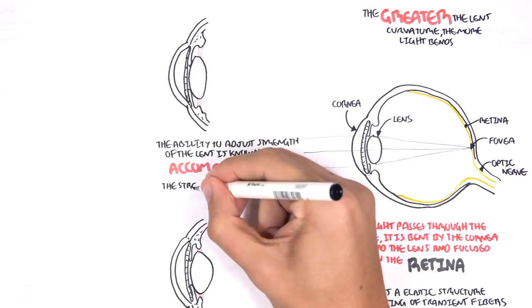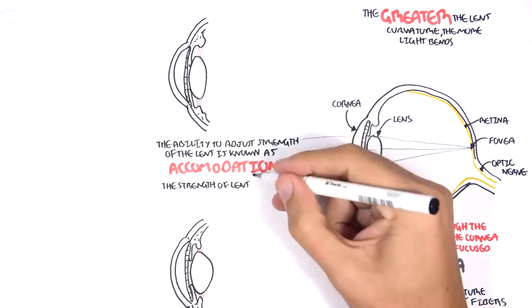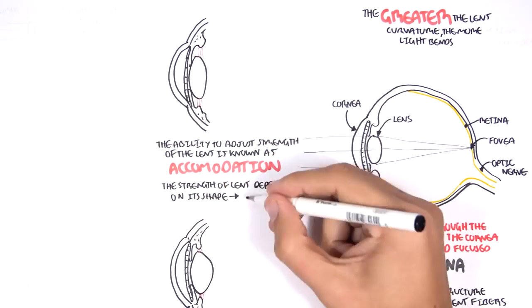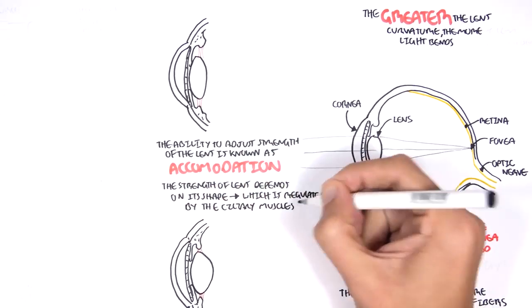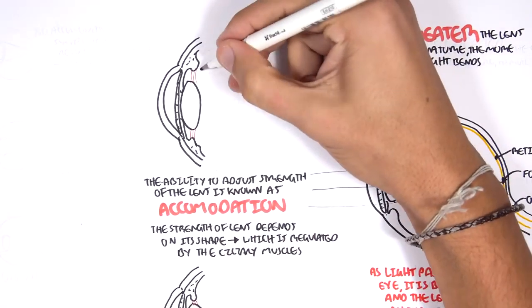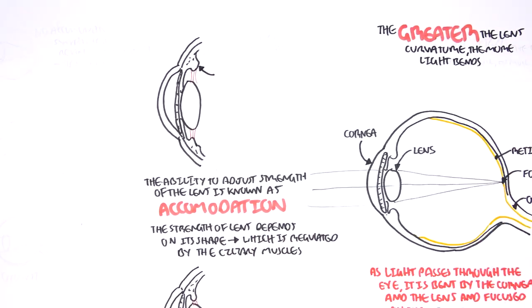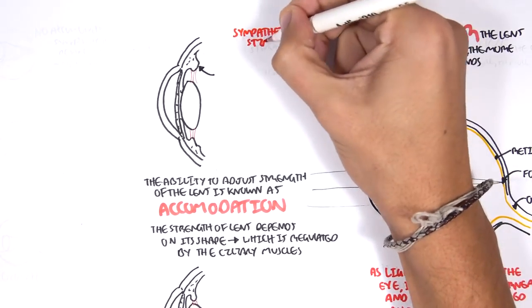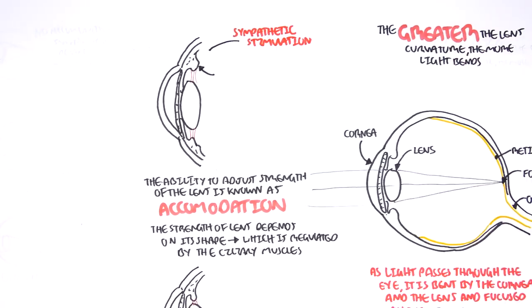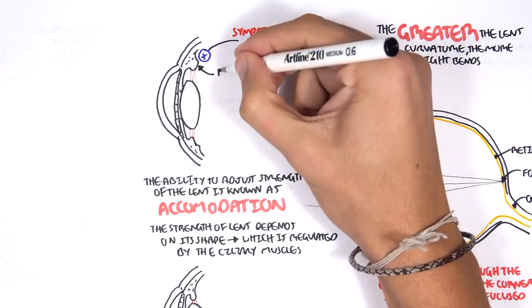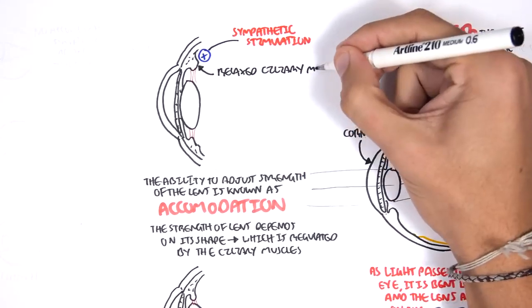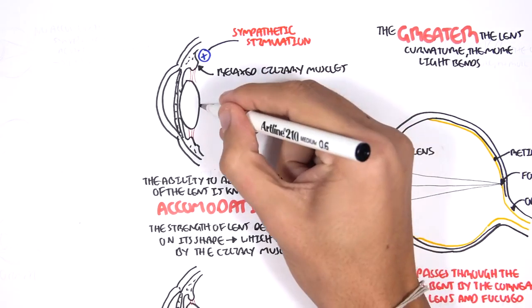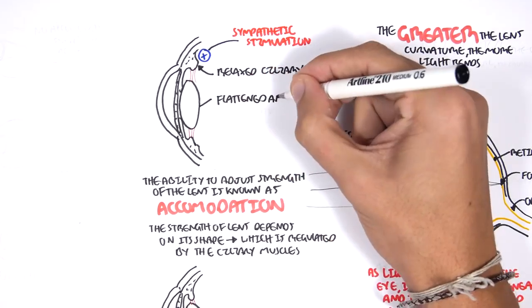So the strength of the lens depends on its shape, which is regulated by the ciliary muscles. If you remember your anatomy, here is your ciliary system. Sympathetic stimulation causes the ciliary muscles, the bodies, to relax, and this will cause the lens to flatten and weaken.